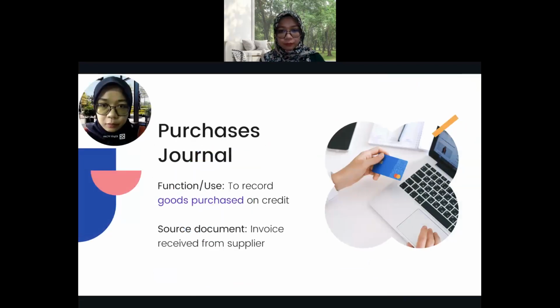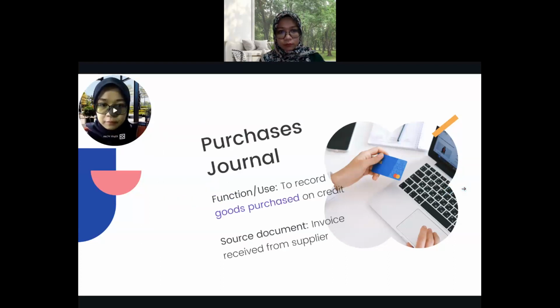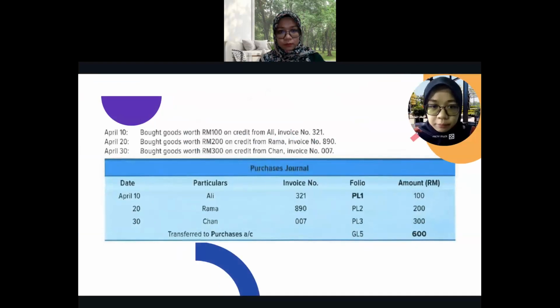The second type of journal is the purchase journal, used to record goods purchased on credit, meaning the business doesn't pay the supplier yet. The first document for this journal is the invoice received from the supplier. This is an example of the purchase journal. We have the particulars, invoice number as the source document, then folio and amount.